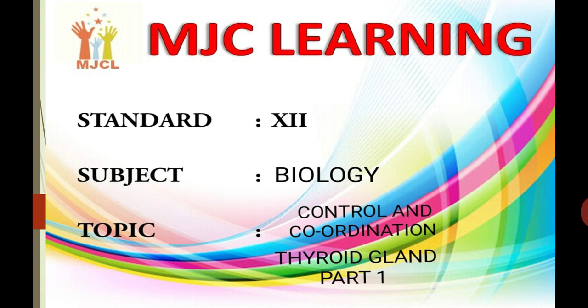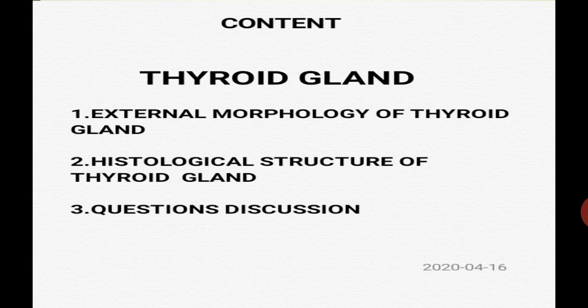Okay students, today we will discuss the most important and the largest endocrine gland of the body, which is called the thyroid gland. Let's see the content. Thyroid gland. The first point, external morphology of a thyroid gland.